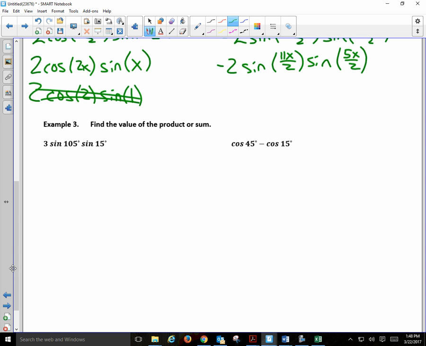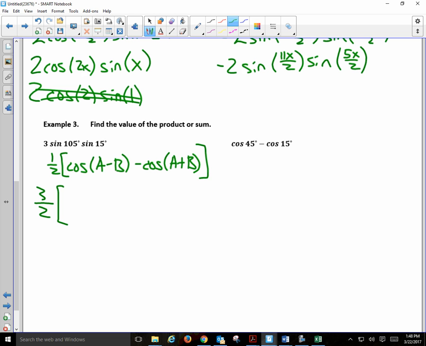Those are kind of nice numbers, aren't they? So can somebody tell me how sine times sine changes? So maybe this will give us a nice result. I can multiply by 3, so I got 3 halves times the cosine of what's A minus B? 90.